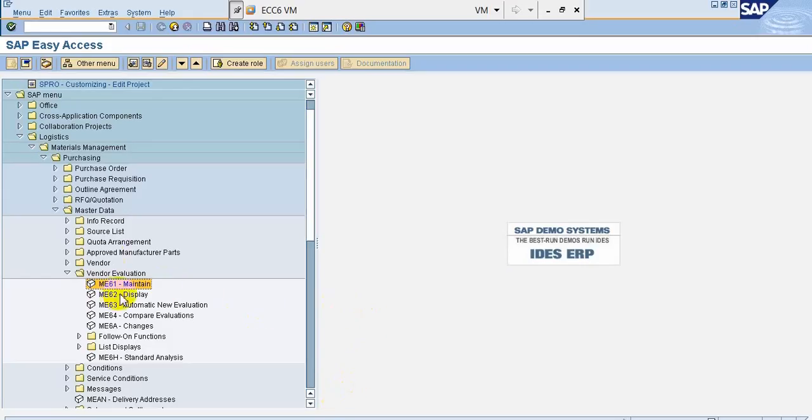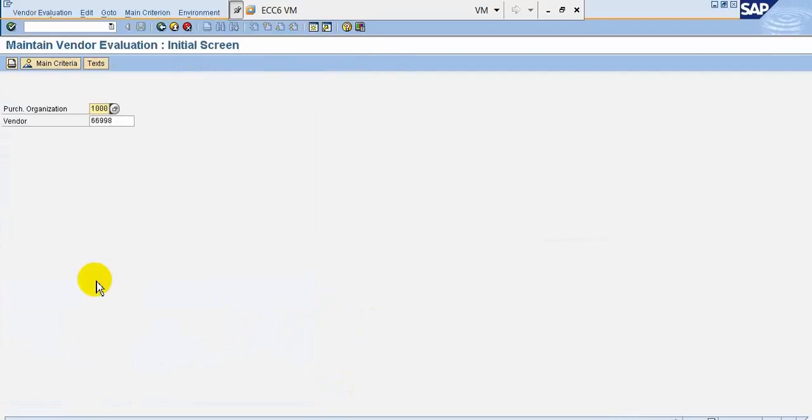Let us go to the vendor evaluation. In this vendor evaluation, I am going to consider vendor 66998. This vendor I have newly created.